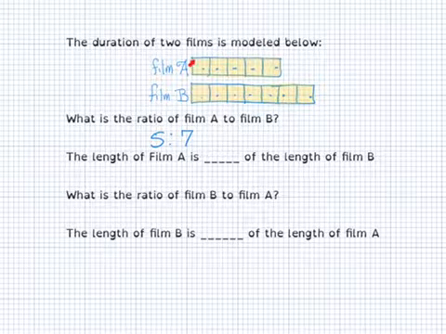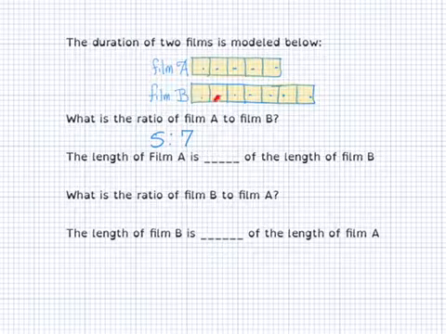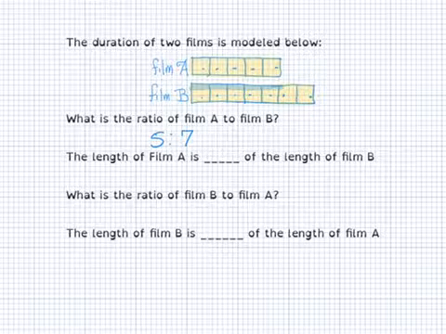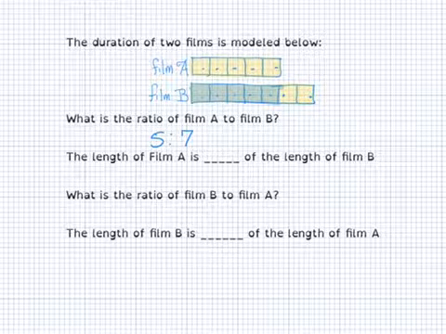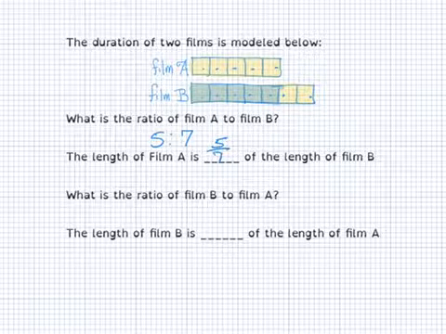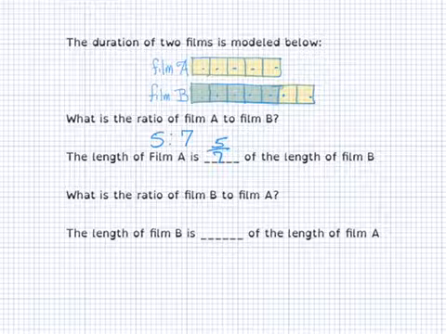So it's 5 out of B, which is 1, 2, 3, 4, 5, 6, 7. Now I can color that in to make it more apparent. So this is what A is in comparison to B. And that makes it easy to see that my fraction, or the length that it is going to be, A is 5/7 of the length of film B.